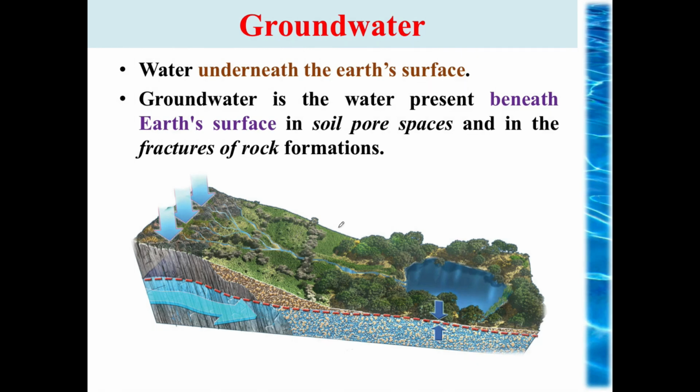We are very clear that if we have a lake here, it rains on the top of the mountain, and some amount of water goes as surface flow, and this contributes to the increased volume of this lake. But we are unaware that there are some fractures of rock which also help this water to infiltrate and then percolate down to the aquifer, and then it also contributes to the rising and falling of this lake.